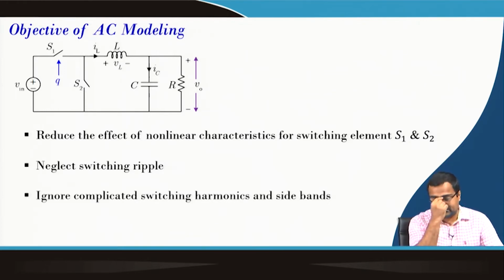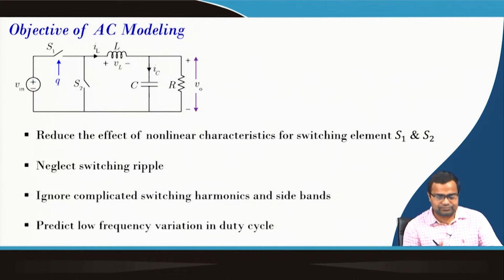That means, if the converter is already running by a fixed frequency clock, but we excite the duty ratio with a modulating frequency, we are interested in finding the response of the converter due to the injection of the modulating frequency, and we want to find out the component corresponding to that modulating frequency. Then we want to predict low frequency variation behavior in duty cycle.